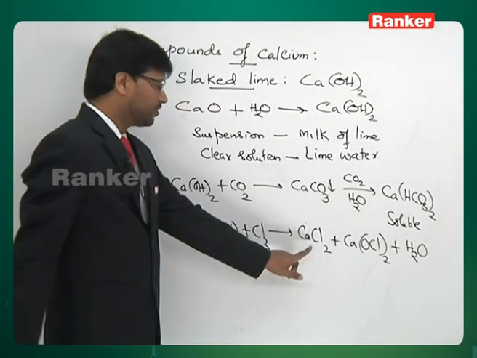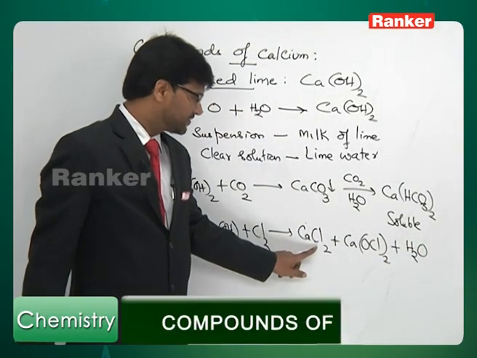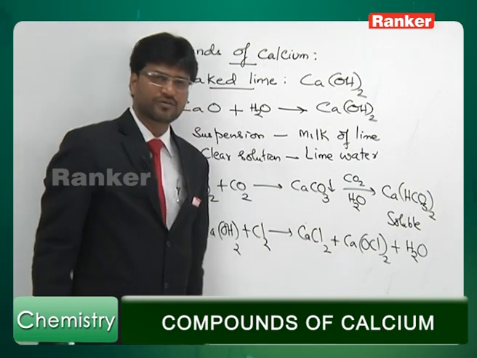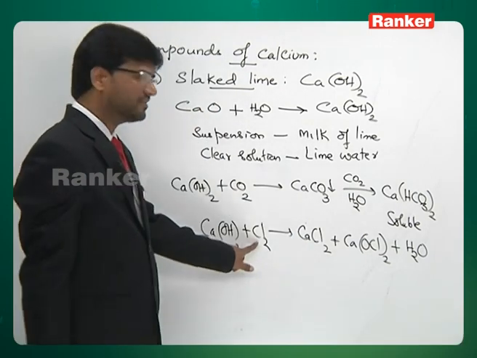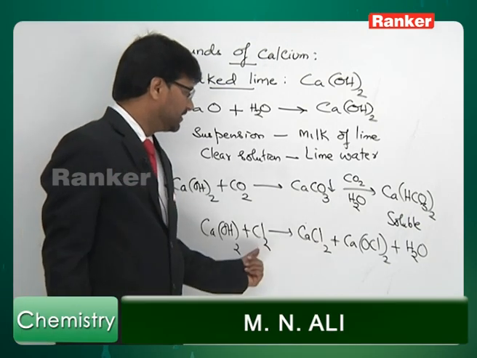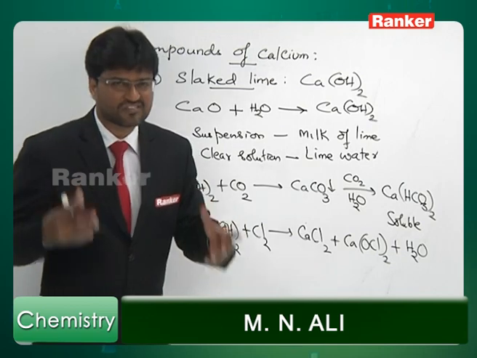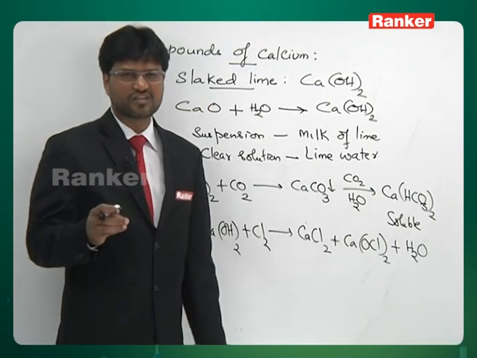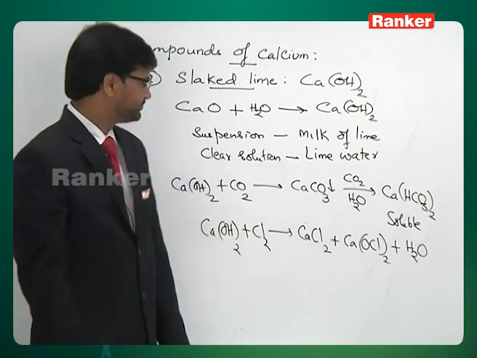This is calcium chloride where the oxidation state of chlorine is -1. This is calcium hypochlorite where the oxidation state of chlorine is +1. So in this reaction you can see the same element chlorine has changed its oxidation state from 0 to -1 and 0 to +1. It's a case of disproportionation of chlorine. This substance is an essential component of bleaching powder.